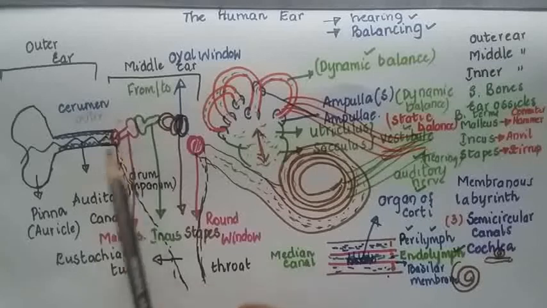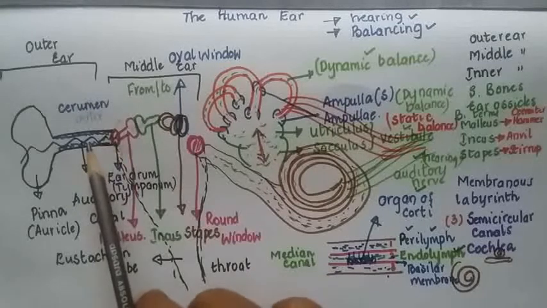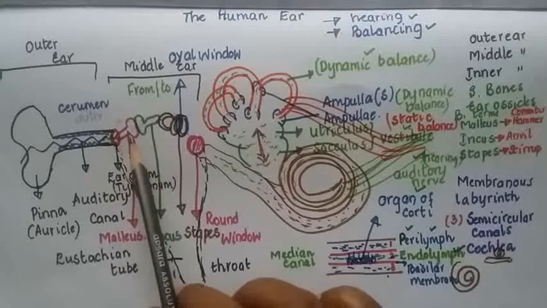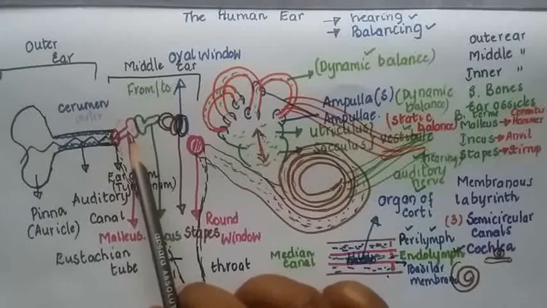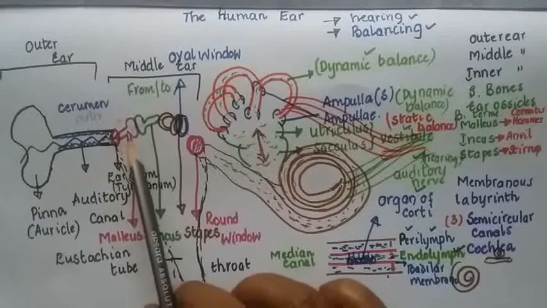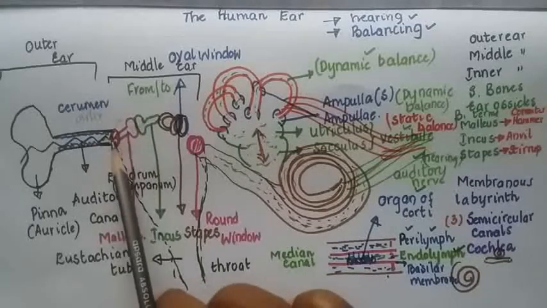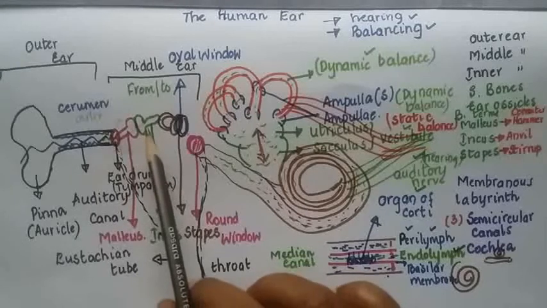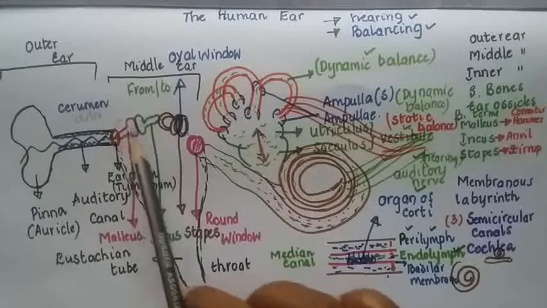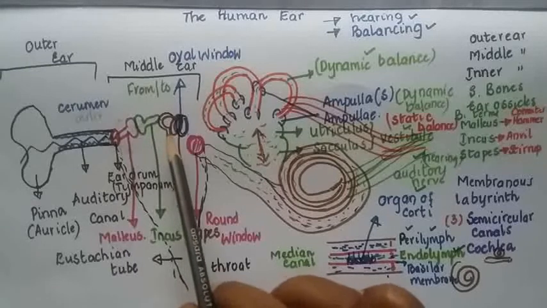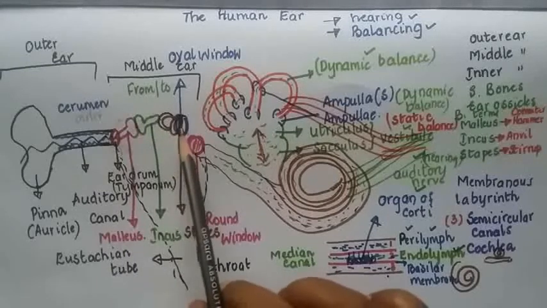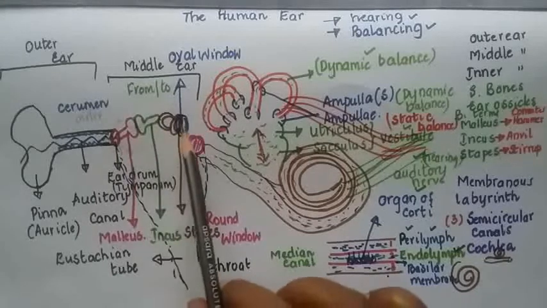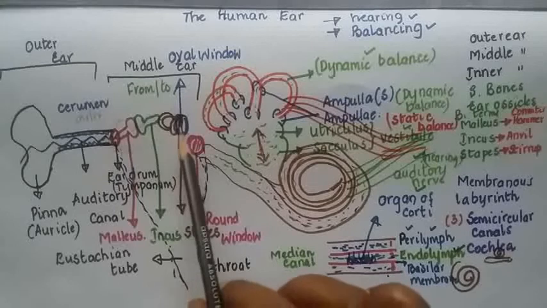The eardrum is found in between the auditory canal and malleus. The malleus is found in between the eardrum and incus. We find the incus in between the malleus and the stapes. The stapes is found in between the incus and oval window.